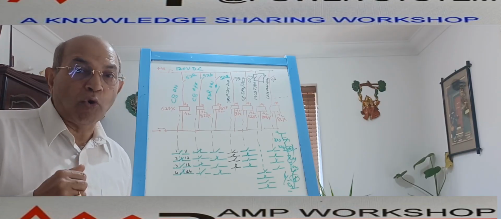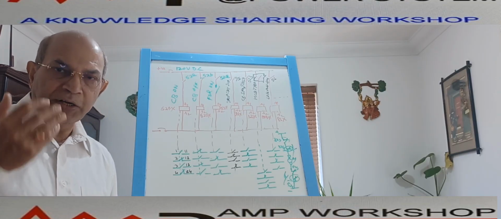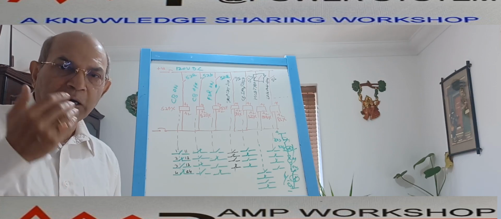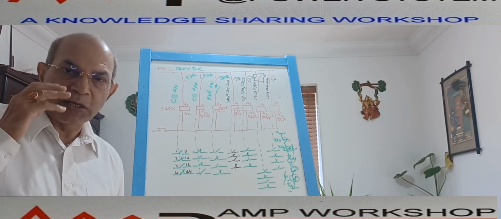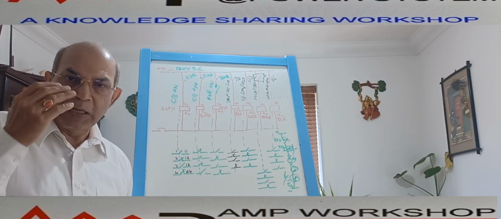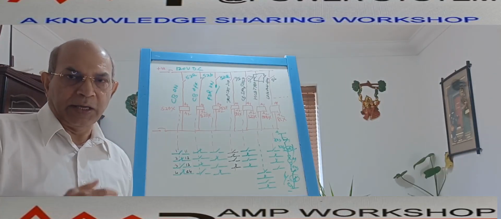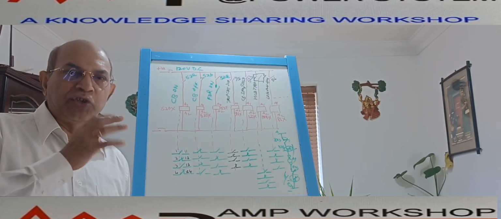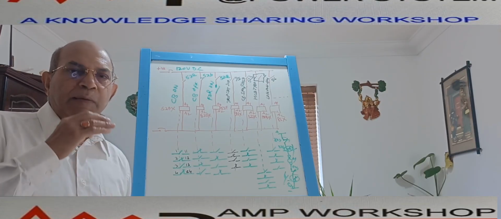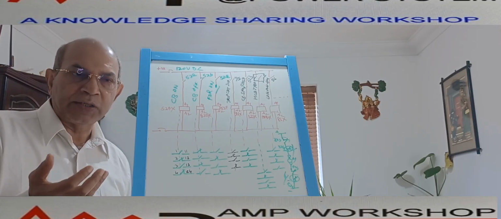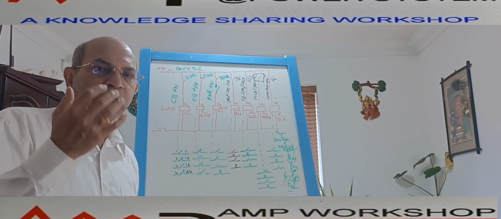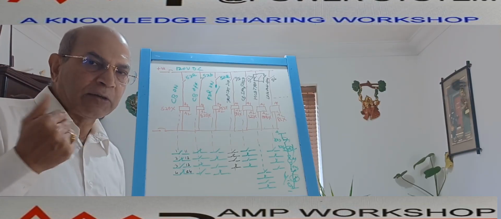In that case, we use an auxiliary relay of similar rating so that we can multiply the contacts. That means the auxiliary relay is used to multiply any relay contact, position contact or switch contact. If we want more contacts, we use the auxiliary relay. That is the purpose of the auxiliary relay.